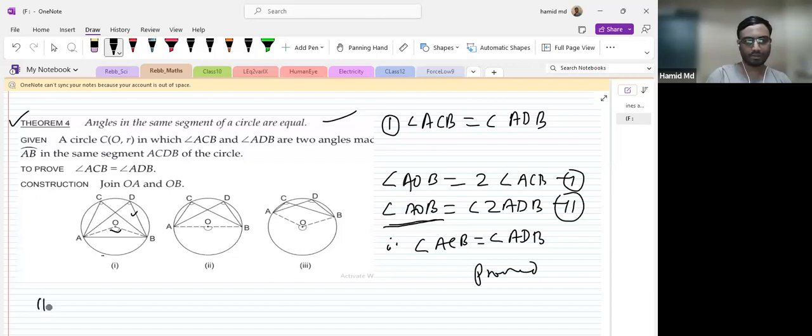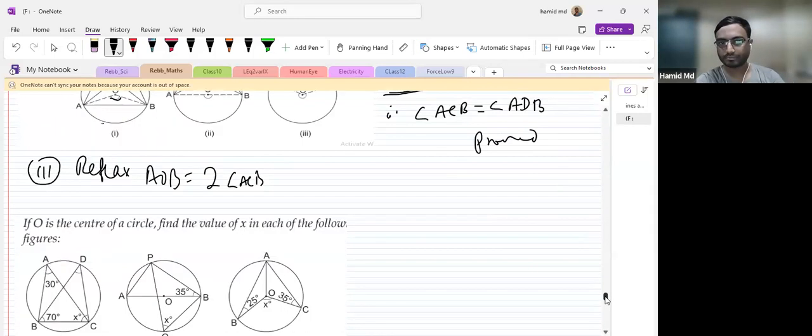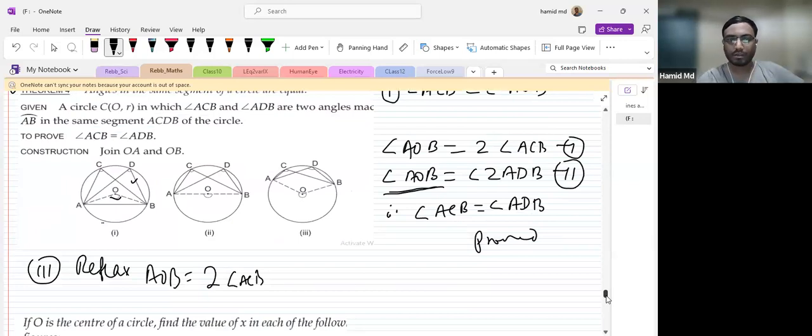Third is, this is reflex angle. Reflex AOB is twice the angle ACB, and the left-hand side is also equal to this.